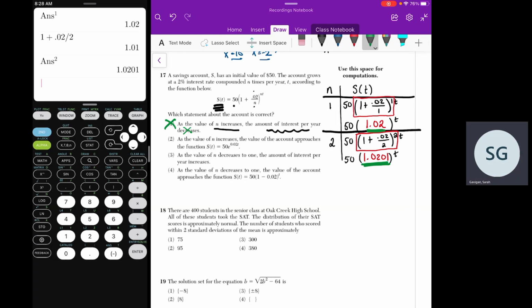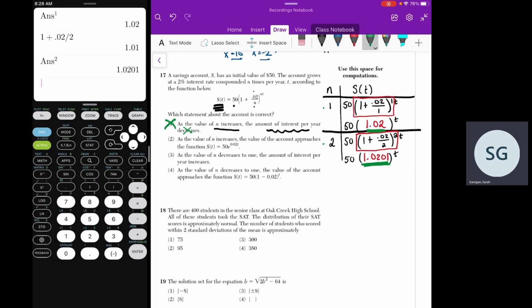"As the value of n increases, the value of the account approaches this function." What? Okay, that seems a little confusing. So I'm going to keep going on this one. "As the value of n decreases to 1," so I'm going from 2 to 1, "the amount of interest per year increases."